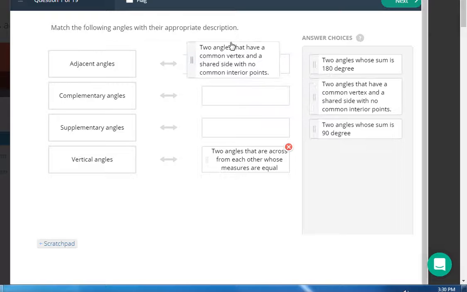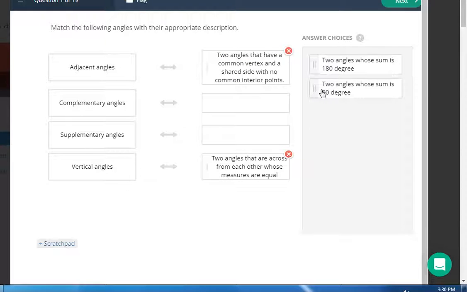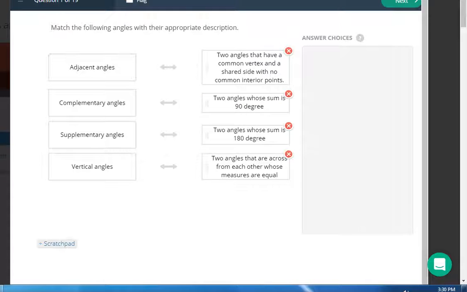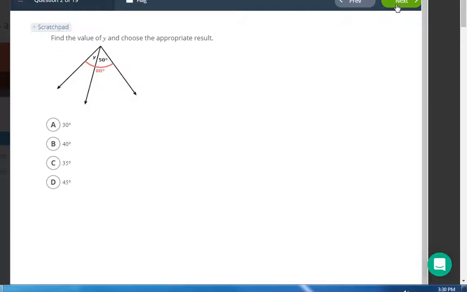So let's say that's adjacent. Then two angles whose sum is 90 degrees, and 180 is supplementary, and we would have that.